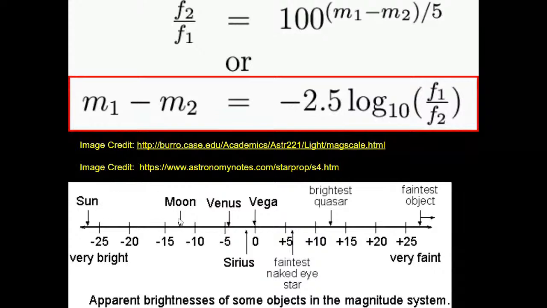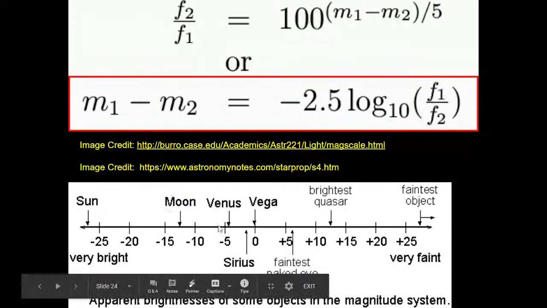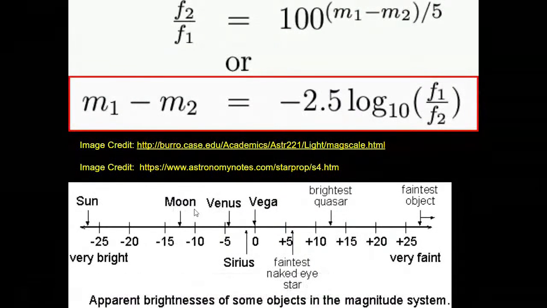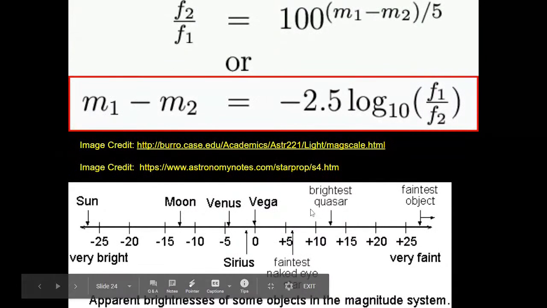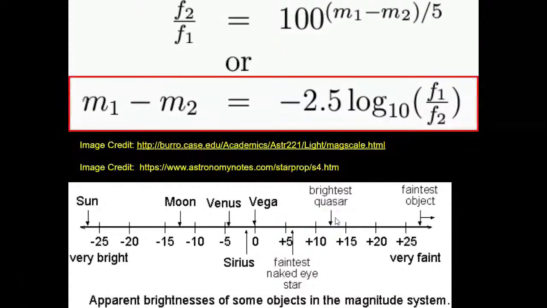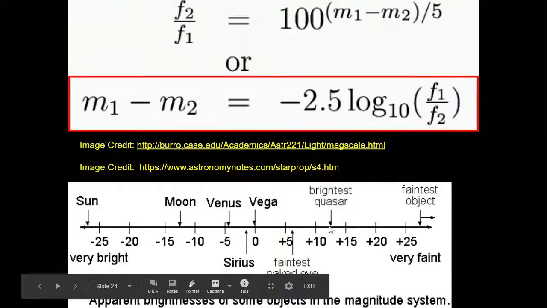But because they are close by, their apparent magnitude is more negative. That is, they appear much brighter than stars. Quasars, we know, are very luminous objects, but because they are very far away, their apparent magnitude is very large and positive. So as you go to fainter and fainter objects, the apparent magnitude keeps on increasing.